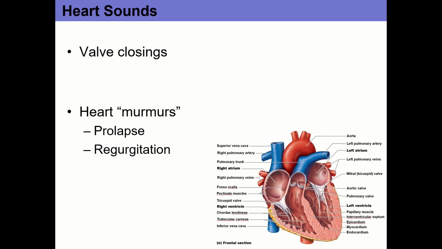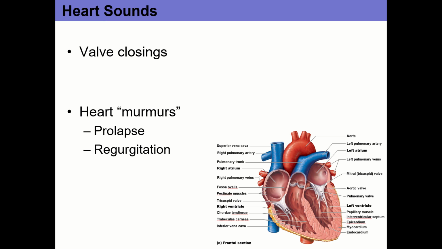And so there's a couple different things that can happen. The first one is prolapse. If you've got a prolapsed valve, what that means is that the valve itself is bulging into the chamber where the backflow would occur. So in the case of the mitral valve, a mitral valve prolapse is going to bulge back into the left atrium this way. And then if you've got regurgitation, you don't have a tight seal on those cusps or flaps on the valve.